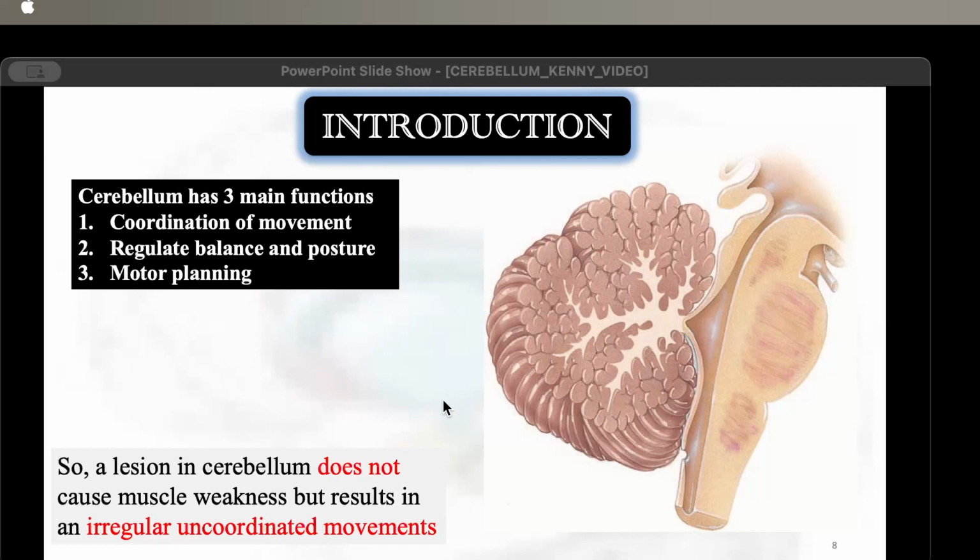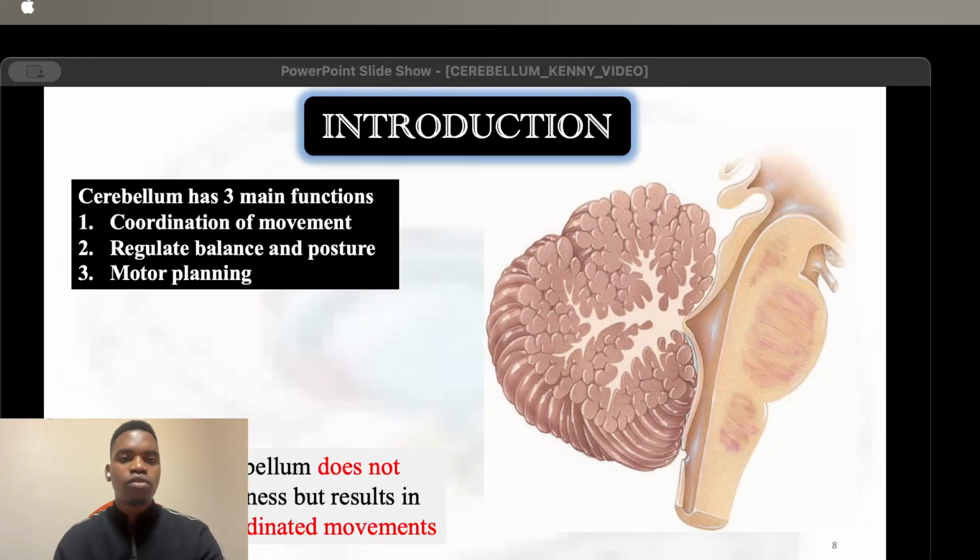So if someone has a lesion in the cerebellum, there will be no loss of muscle power, but there will be irregular, uncoordinated movement. The movement will not be regular or balanced. Why? Because we have removed that component of the brain that was helping us to balance and coordinate these movements.